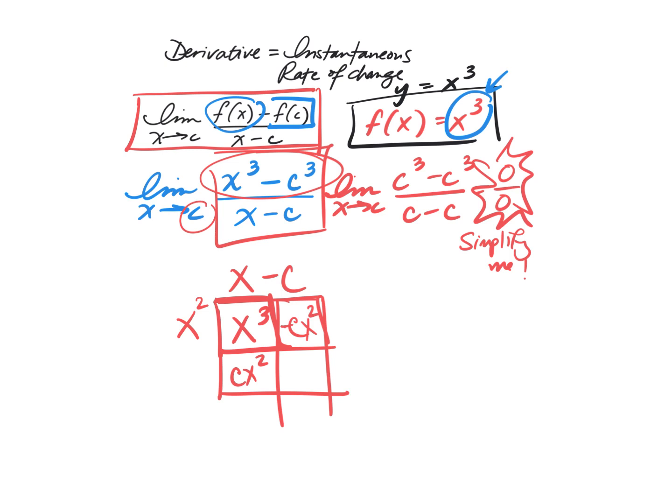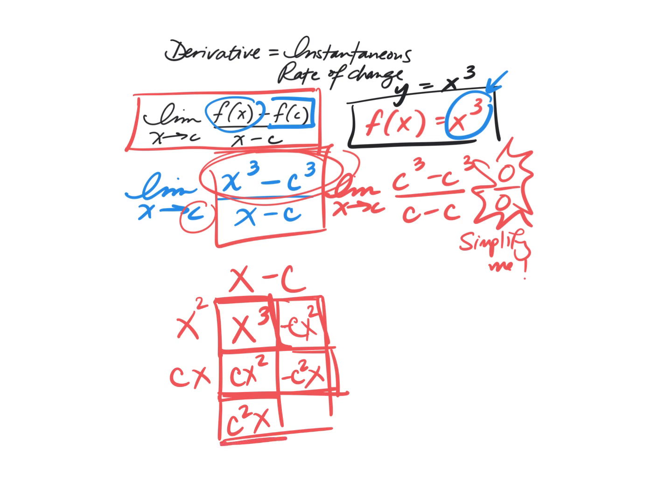All right, so then I know the dimensions of this rectangle are x by something. To get cx squared, it needs to be cx. So now I have the dimensions of this rectangle. I have the negative c times cx, which would be negative c squared x. And then just like last time, I look up here. I don't have that negative c squared x as a term, so I'm going to do c squared x to get rid of that term.